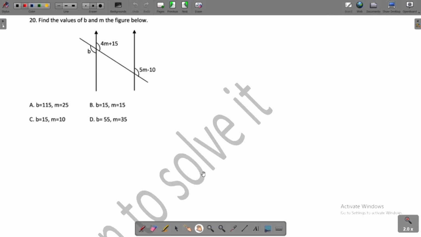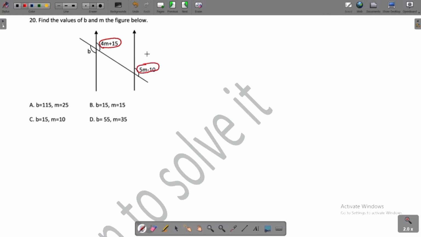B is vertically opposite to 4m plus 15. Now if we look at this, first, this angle we have here is corresponding to this angle we have here.